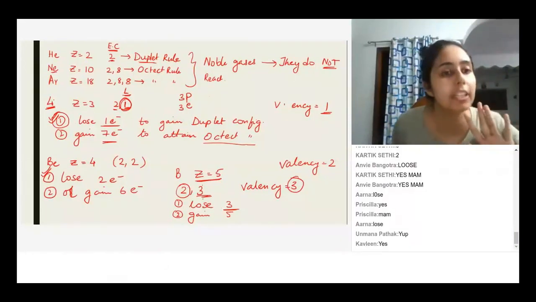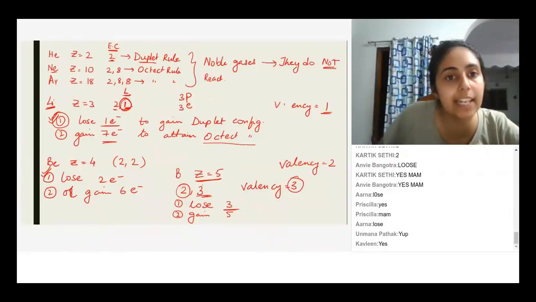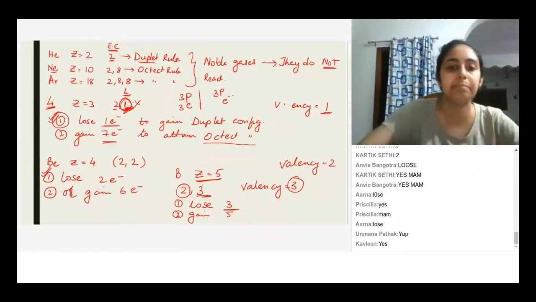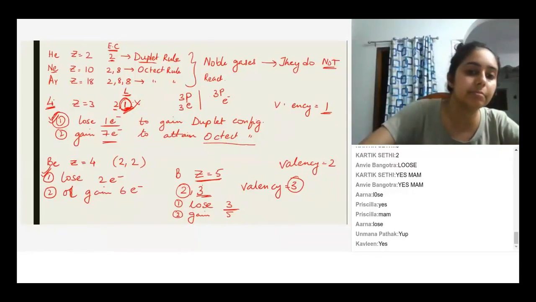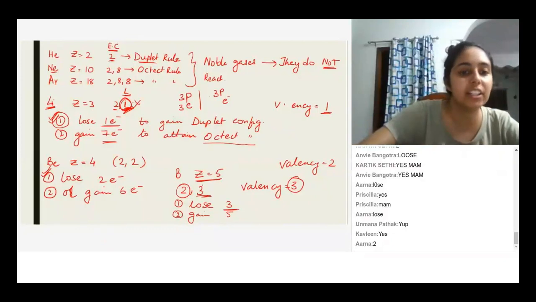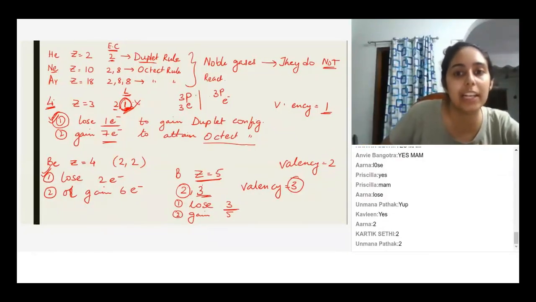So what happens if lithium loses this electron? This electron is gone. It has 3 protons and how many electrons after losing? 2. Very good. So it has only 2 electrons.